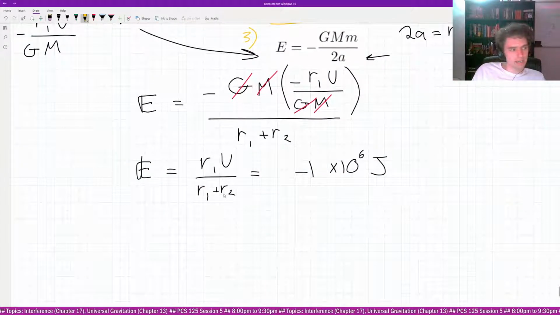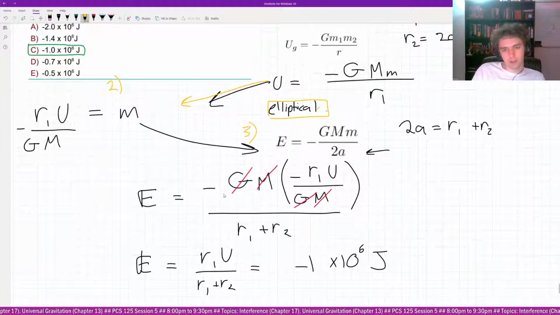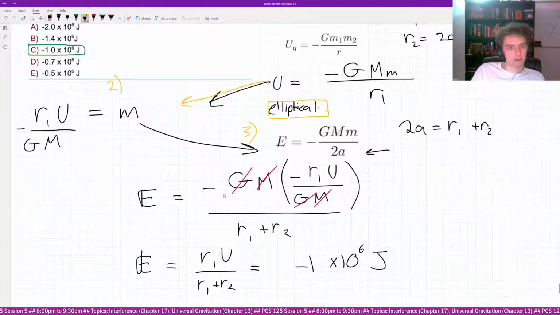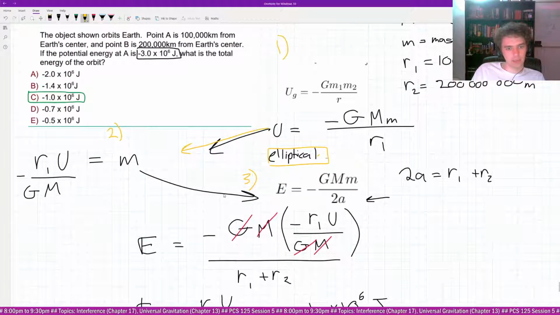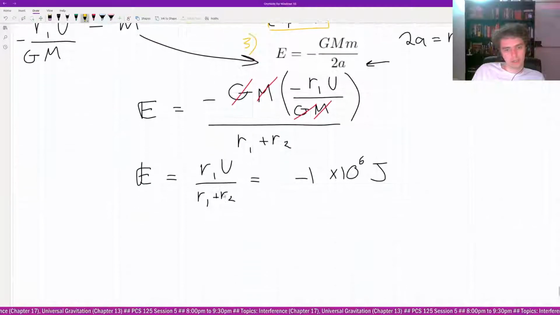So that's the denominator. The numerator, I know G, I don't know M, and I can find lowercase m. Or I could also have just found capital M. Either way, I rearranged this equation for that, subbed it in, and a bunch of stuff cancels.